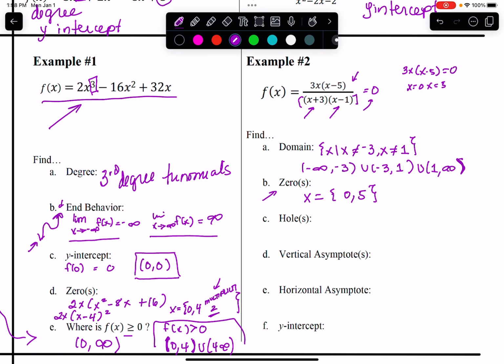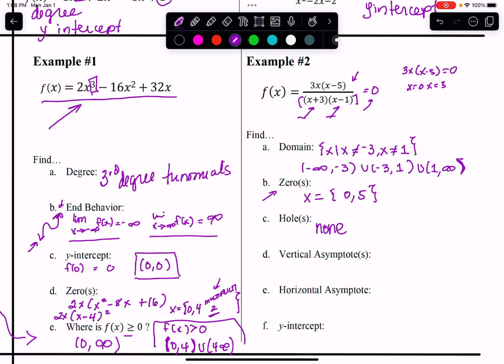All right, now if you look at the function, it's asking about a hole. Now a hole would occur if we had the same binomial pair on the top and on the bottom, but we do not, so there's no hole, so just write none. Now, vertical asymptotes are where our domain didn't exist.